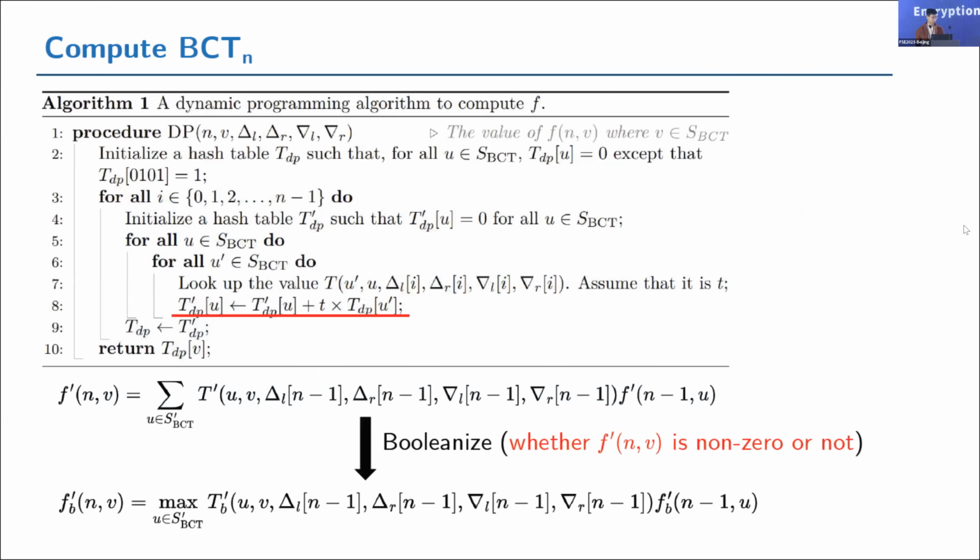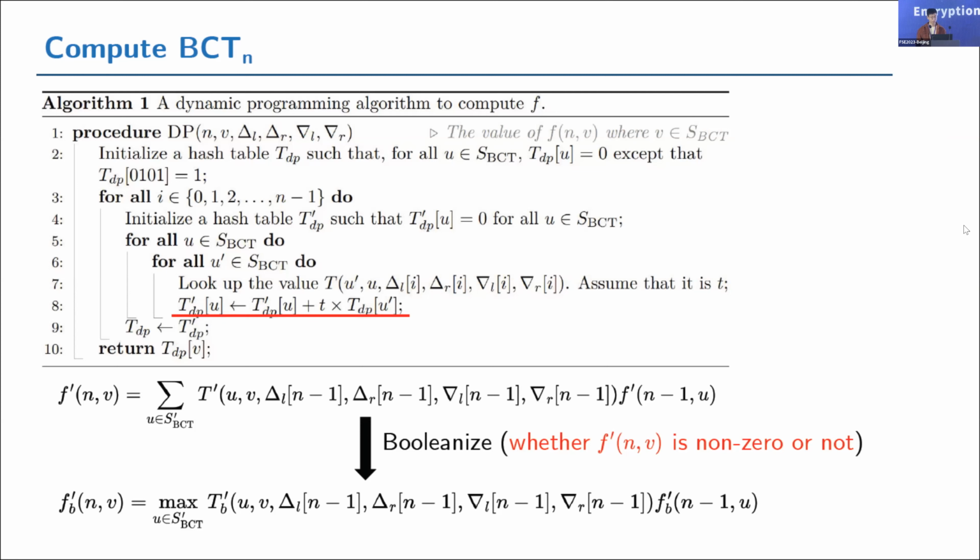Okay, here comes our algorithm. Line 8 conforms to the summation in our formula. And then we found a way to Booleanize this algorithm: if the value of t is non-zero, then we define a new value tb to be 1.